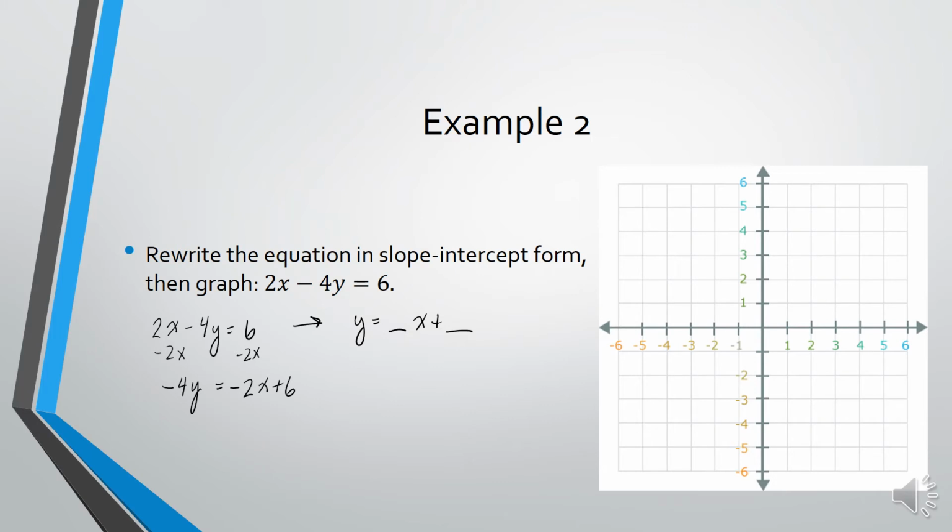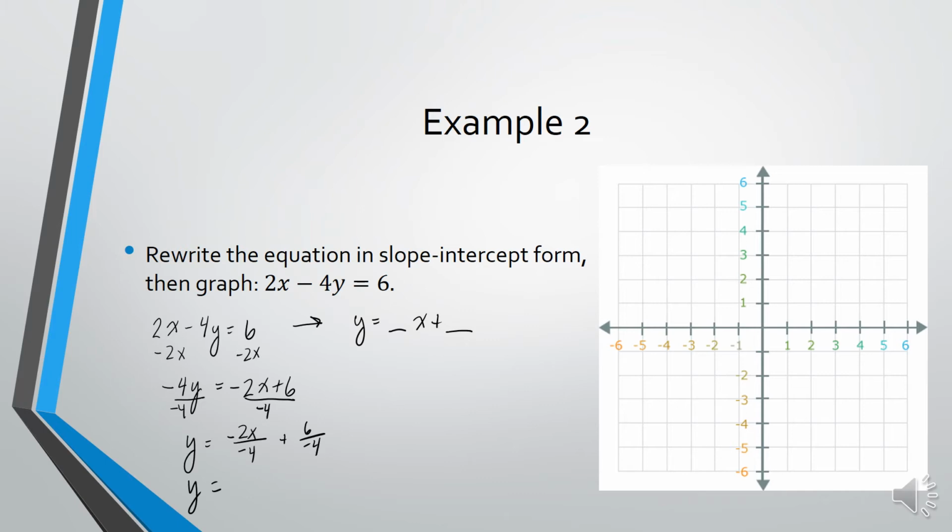Now I need to divide both sides by -4 to get y by itself. I'll divide this side by -4, but remember you've got to divide everything by -4. So that gives me negative 2x over -4 plus 6 over -4. And we're just going to simplify this.